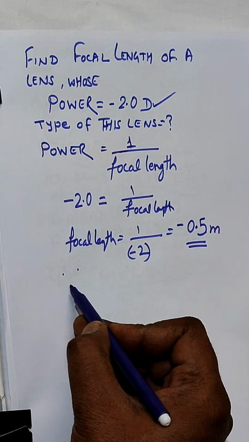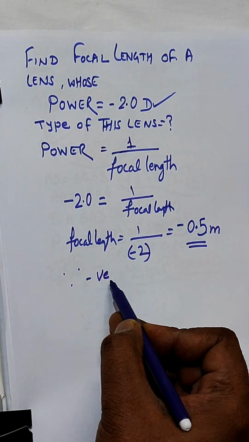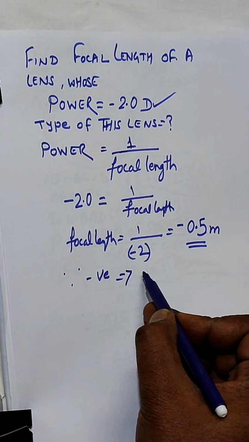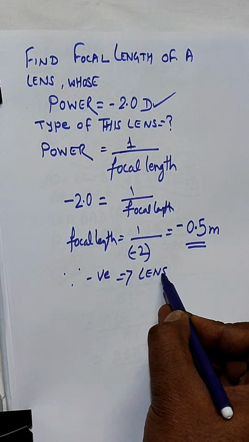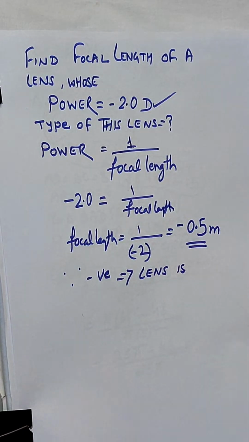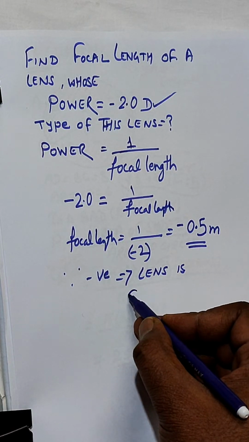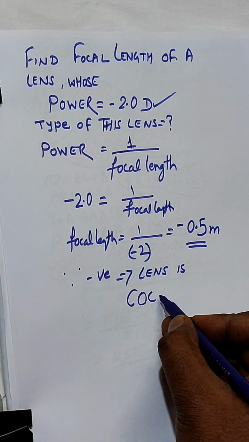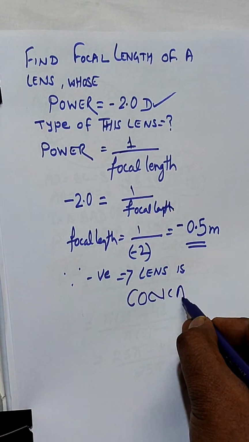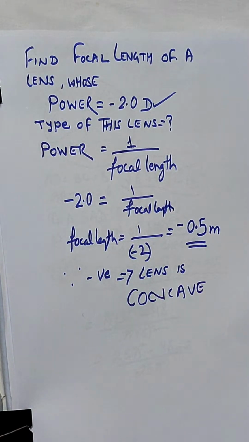And since negative, it implies lens is diverging. That means that's concave lens. Lens is concave.